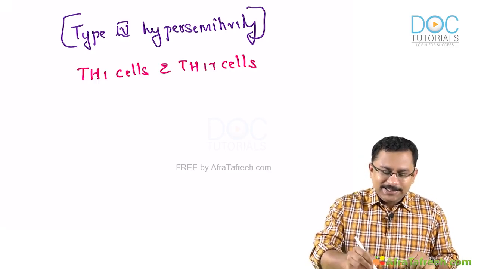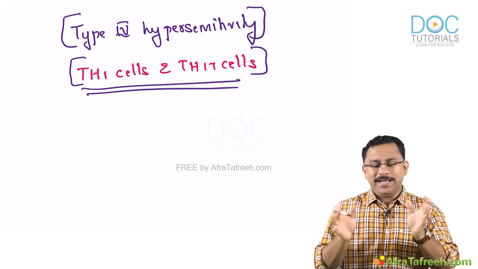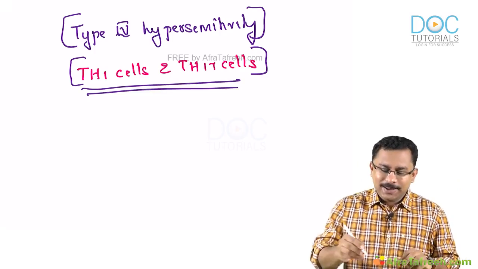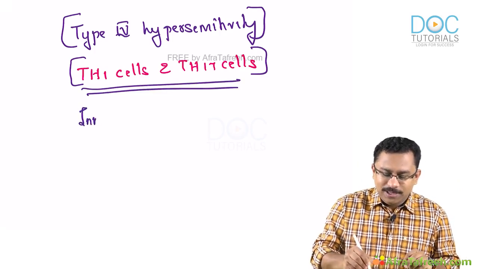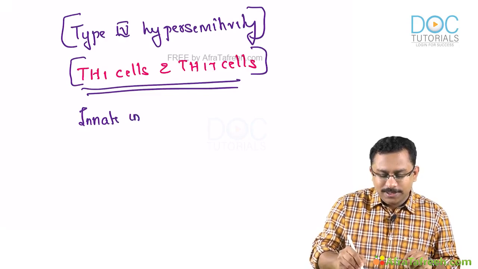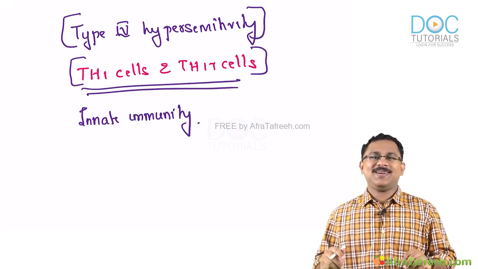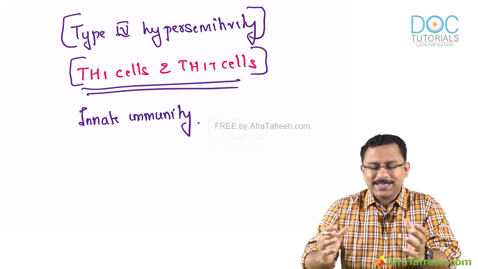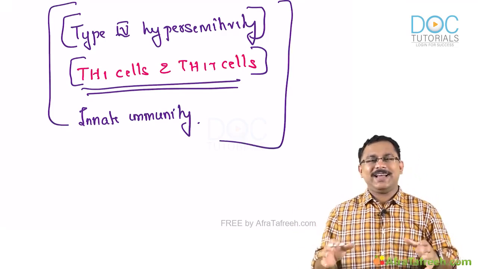So obviously it is the adaptive immunity that is playing a big role by virtue of the Th1 and Th17 cells, but remember that there is a role for your innate immunity as well. Now, we understood it is a type 4 hypersensitivity reaction.